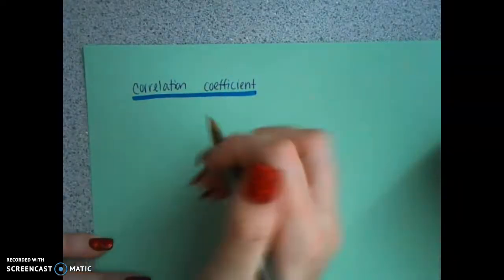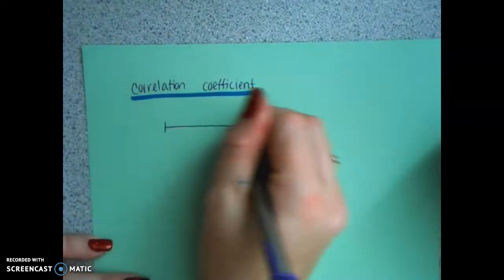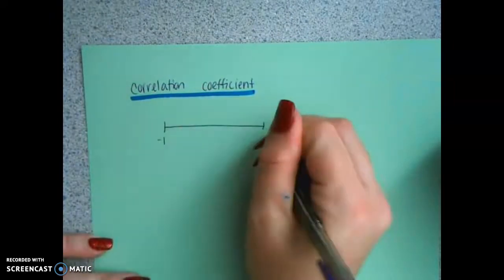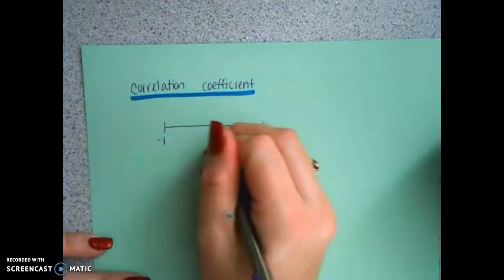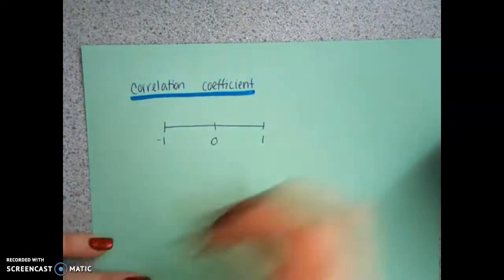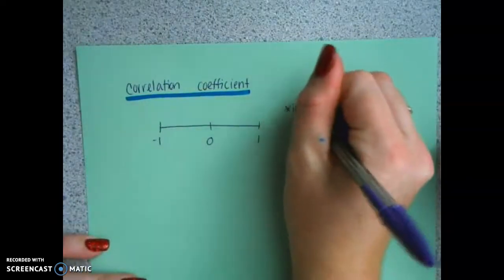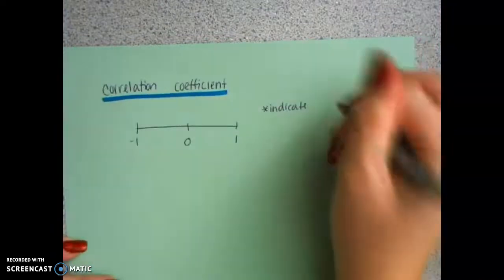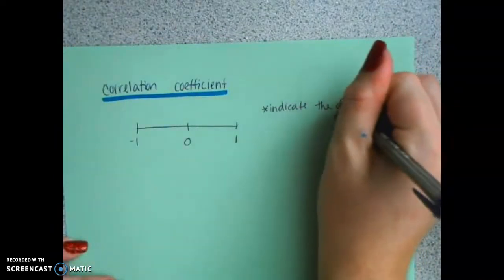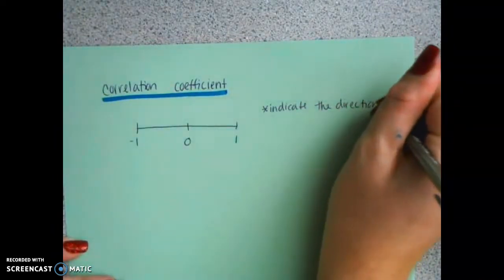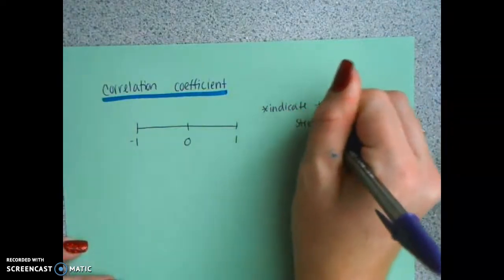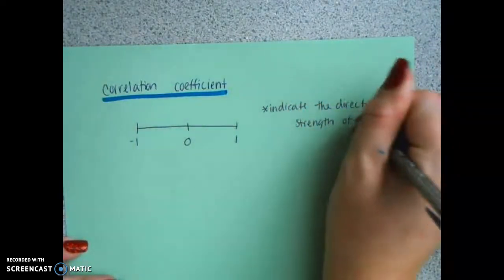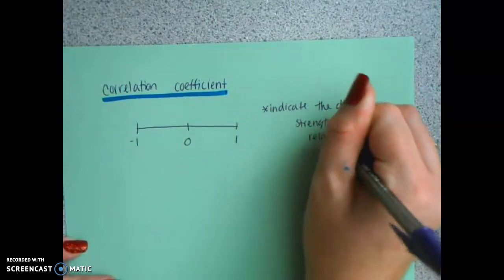But you should know that the correlation coefficient is always going to be between -1 and 1. Okay, and 0 would be in the middle. And it's meant to indicate the direction and strength of a relationship.